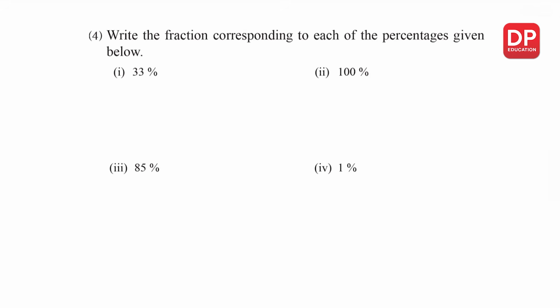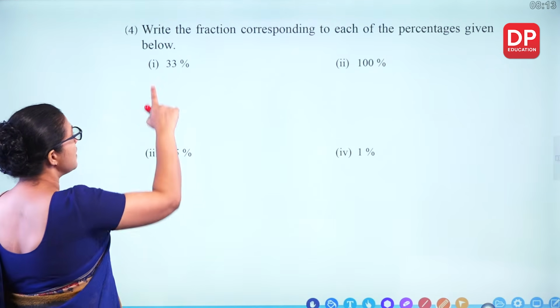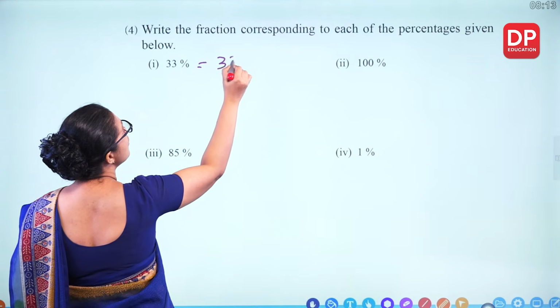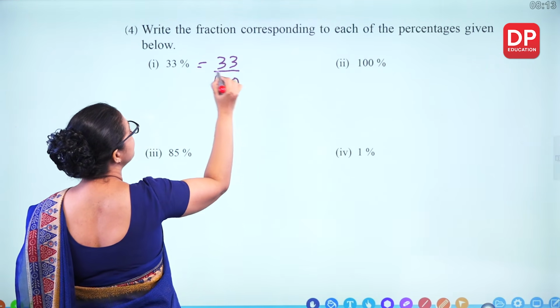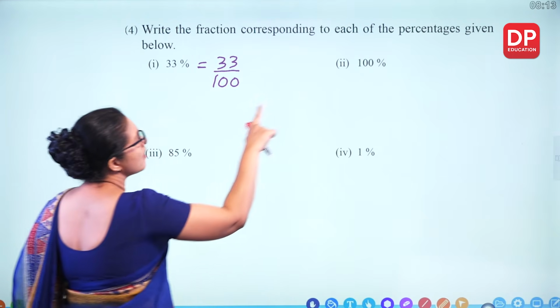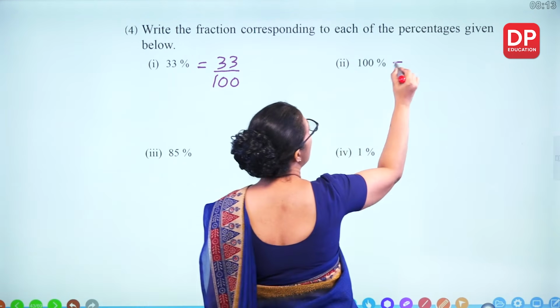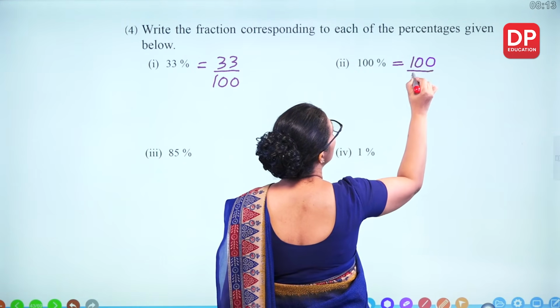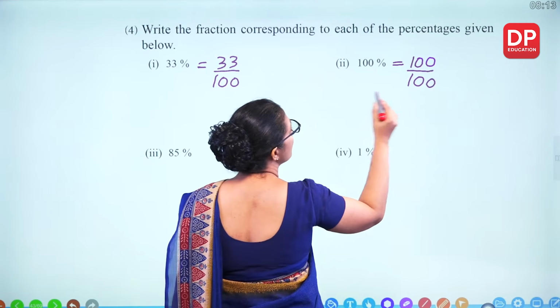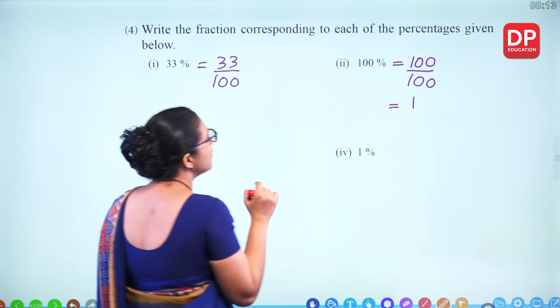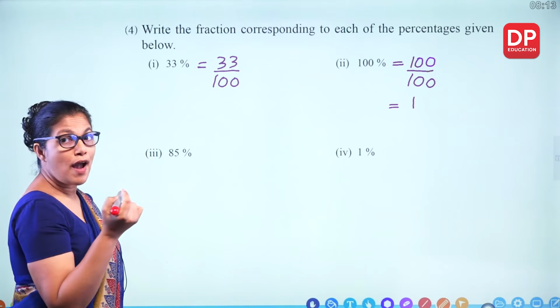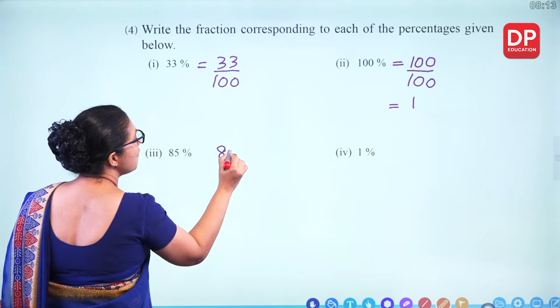Write the fraction corresponding to each of the percentages given below. So 33% means 33 over 100. 100%. 100 over 100. Or you can write 1. 85%. 85 over 100.